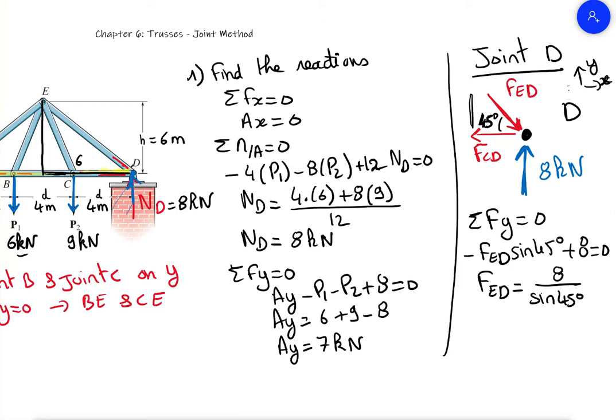So 8 divided by sine 45 is 11.3. FED is 11.3 kilonewton, and we guessed the right direction. So it's going down, this one is going up, and it's 11.3 kilonewton.